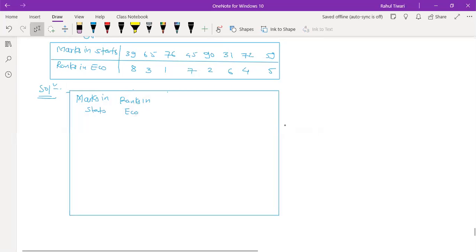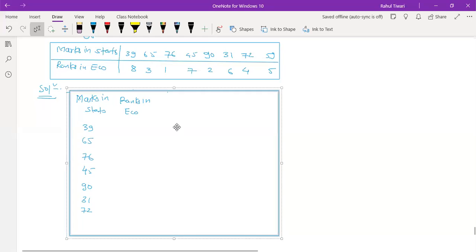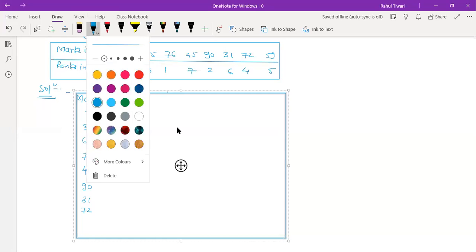Which is the marks. So which is 39, 65, 76, 45, 90, 31, 72, and the last one is 59.